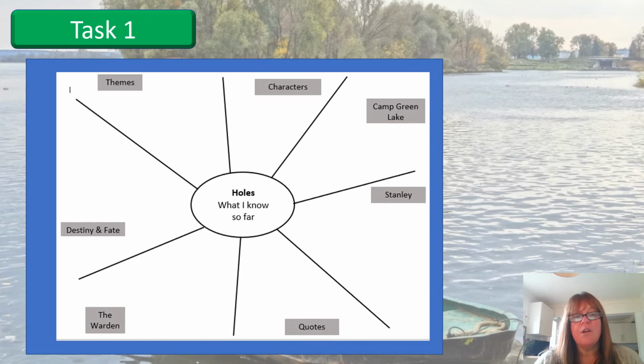If you look, you've got themes, characters, Camp Green Lake, Stanley, quotes, the warden, destiny and fate. Okay, so what I would like you to do is pause the video and draw that into your books, and then I want you to put all what you know in each little section, and you can also put some different quotes in as well.